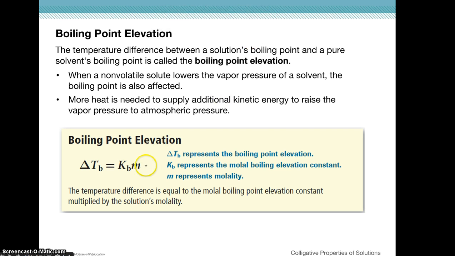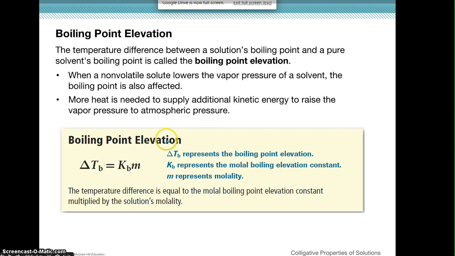Now there is one thing I want to add to this formula. When you are calculating the molality of a solution, if your solution breaks apart into more than one particle, meaning if the stuff that you're dissolving is ionic, we're going to add another variable, the variable i. And we're going to say that i is the number of particles.